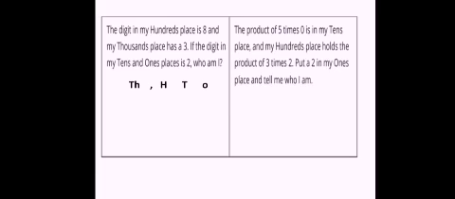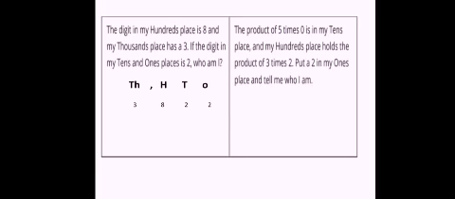My hundreds place is 8, so we will write 8 under the hundreds. My thousands place has a 3, so we will write 3 under the thousands. If the digit in my tens and ones place is 2, we will write 2 in the tens and 2 in the ones. Now we can read this number.